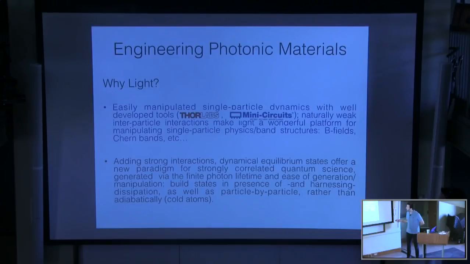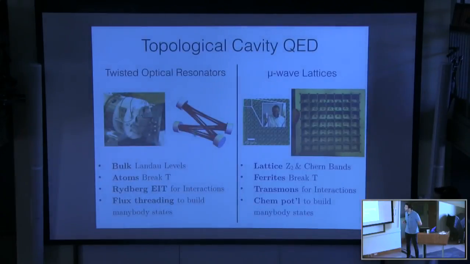This last bit is directional rather than experiments that we've already performed, but with this audience in particular, this question of how to build these many-body states is a rather pertinent one. So with that in mind, I'm going to talk about two experimental efforts that are ongoing.